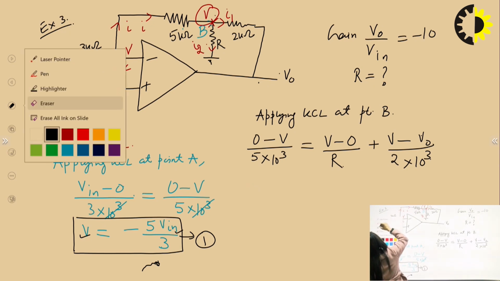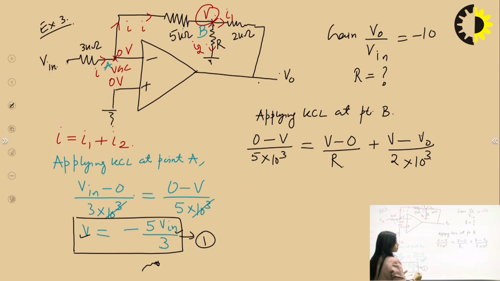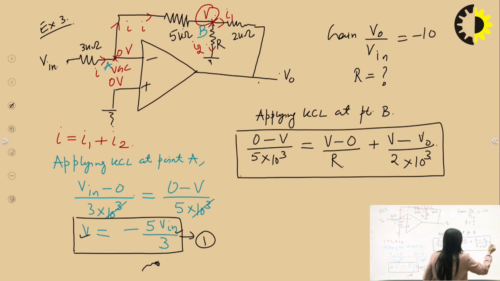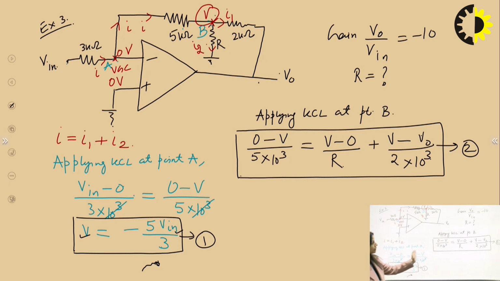Now only one thing is needed. You have to solve these two equations. The first equation has been made, and this is the second equation. You can put the value of V in this equation, and then VO upon Vin is given as -10, and we can get the value of R from this second equation.